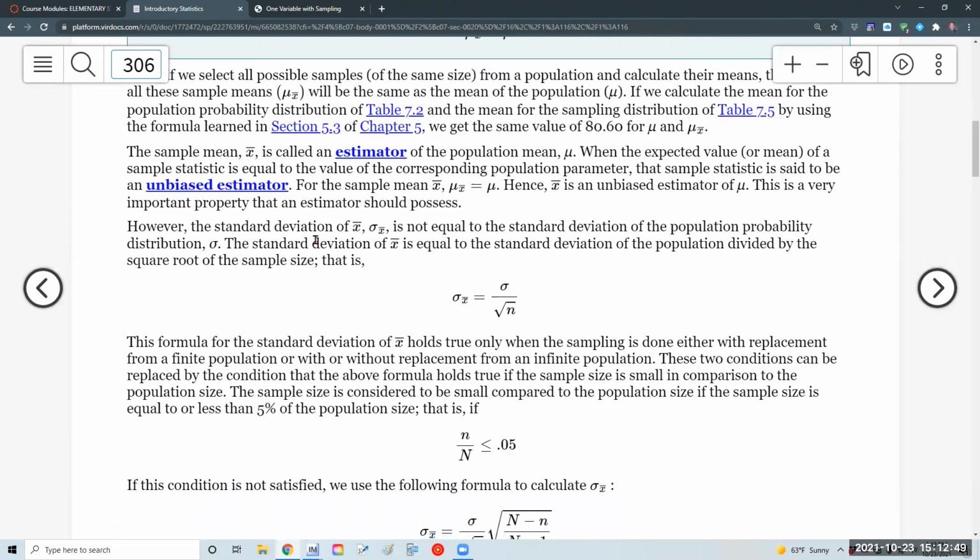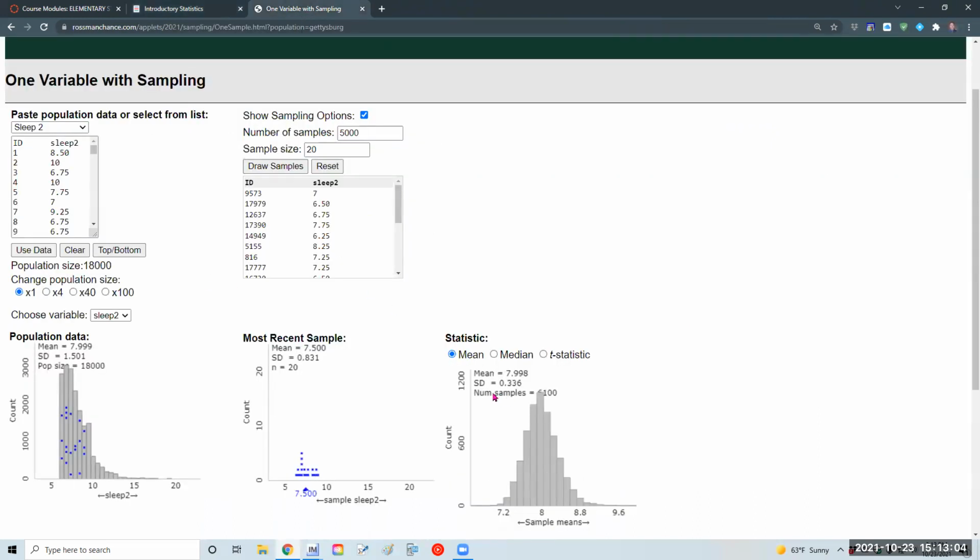The standard deviation of the sampling distribution, or just the standard deviation of X bar, is some number sigma sub X bar, and it's not equal to the population's standard deviation. And we saw that that was the case here, right? The approximate standard deviation of the sampling distribution is a lot smaller than the population standard deviation.